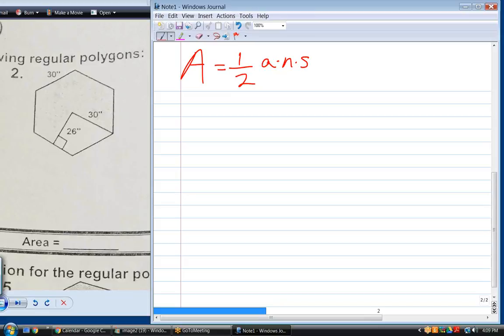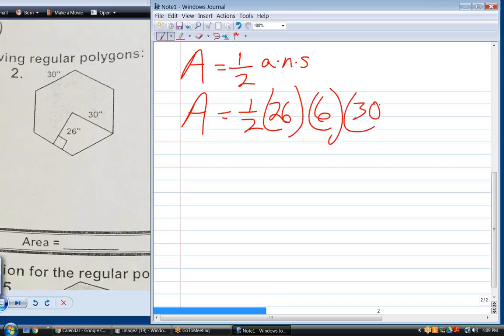So in number 2, what can we fill in? The apothem is 26, the number of sides is 6, and the side length is 30. All right. Now, I'm not going to go through these to come up with an answer. I assume that's no problem, especially if you have a calculator.